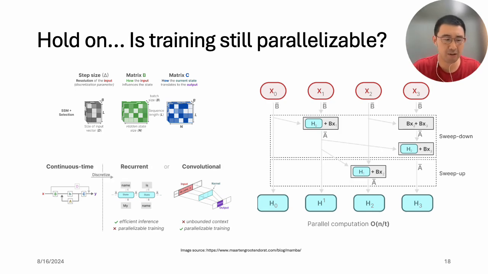The parallel scan algorithm is well founded in computer science. Even though we can't get the full output before we know the previous hidden state, we can still do something because the B-bar matrices are just dependent on the input. So we can still pre-compute B times X for a lot of the computation, and then combine them a little bit later. So the parallel computation can have a time complexity of O of n divided by t.